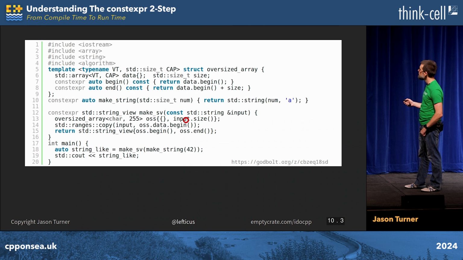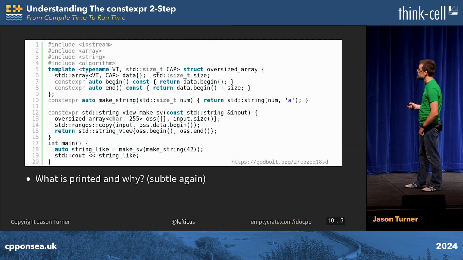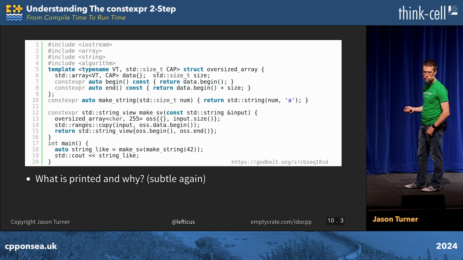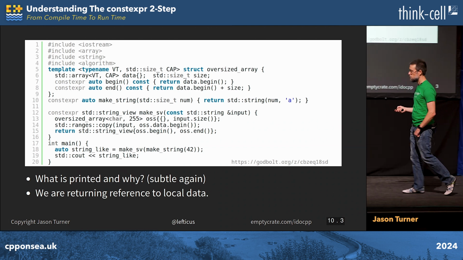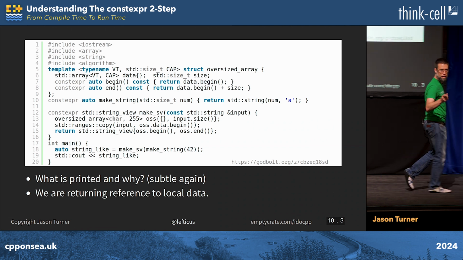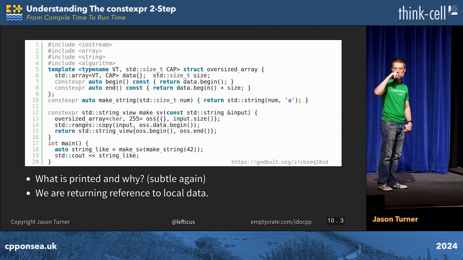I'm receiving a string, I am creating my oversized array, I am copying the data, and then I am returning a string view into that array. So I am returning a reference to local data. You said random ASCII characters. Did I get that? Is that what you said?